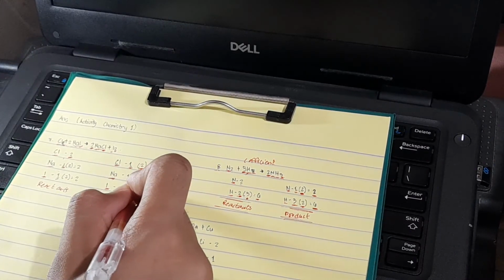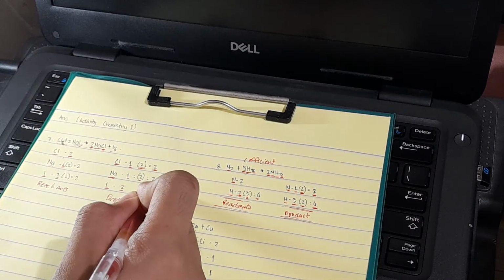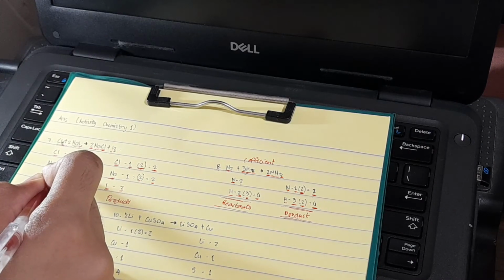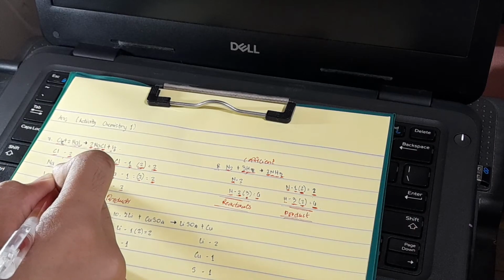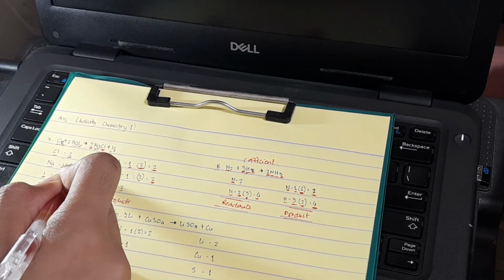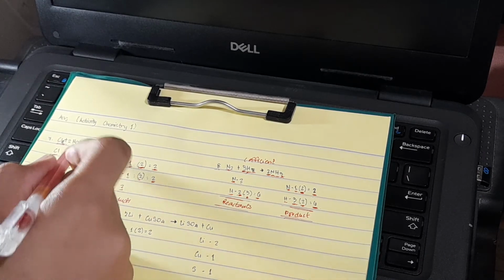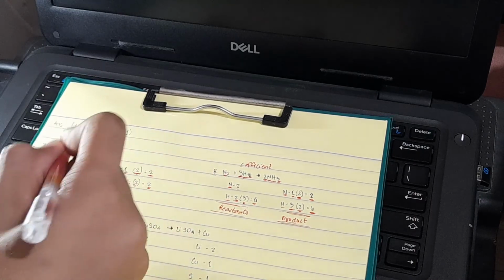So we put 2. Now, 2 times 1 is equal to 2. Now number 1 cannot be balanced with number 2. So we need to multiply Na by 2 so that we can get 2. Of course, we will put the number 2 before the Na.